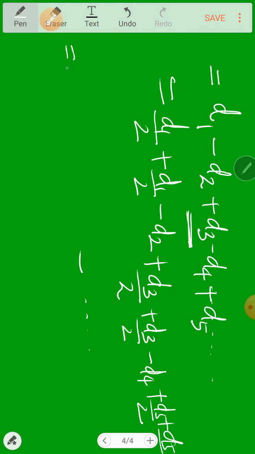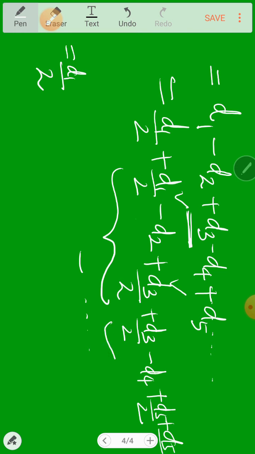That's equal to D1 by 2. Take these three terms: D1 plus D3 by 2, the average of D1 and D3, will be approximately equal to D2. So this will be D2 minus D2, which is equal to 0.